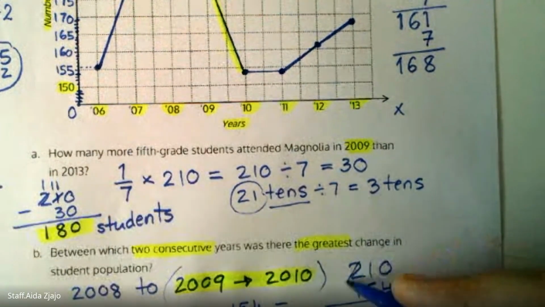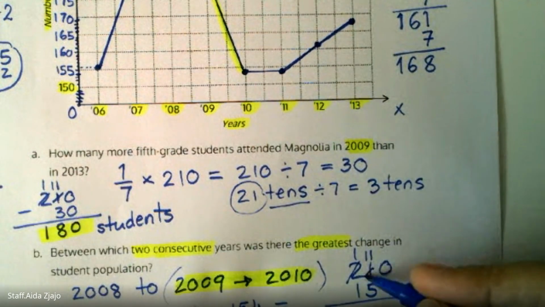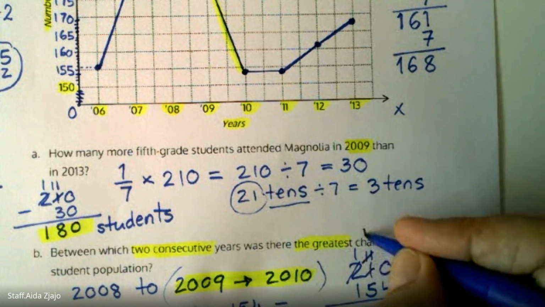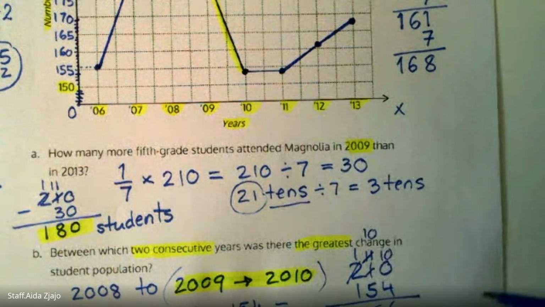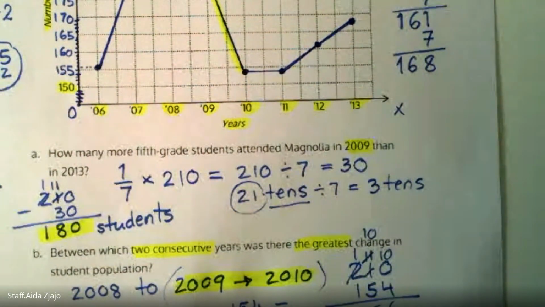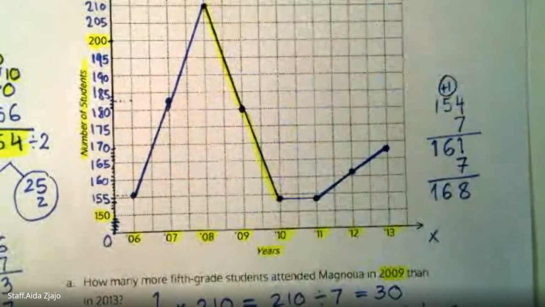So that's 56. We'll take that to be 56 students difference between those two years.